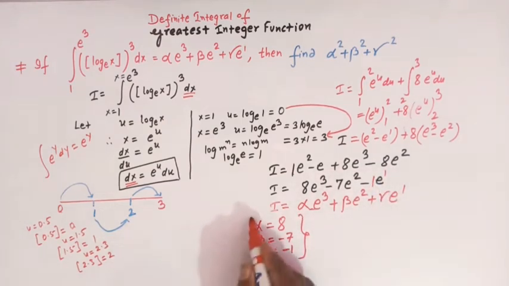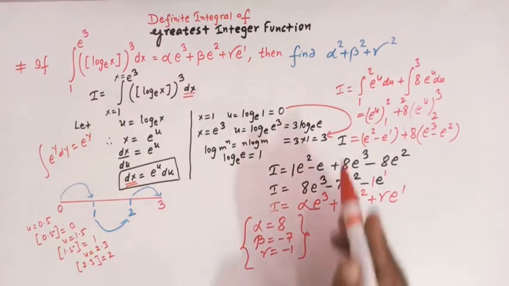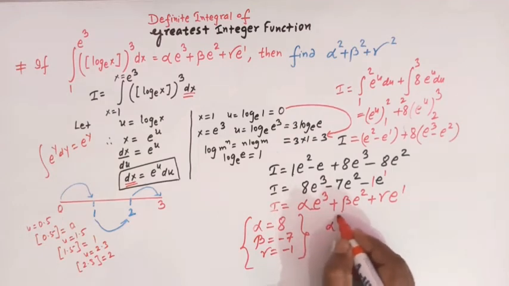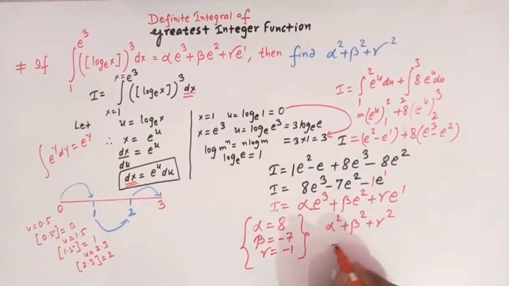So now we have to find the value of alpha square plus beta square plus gamma square, and we have obtained the values of alpha, beta and gamma.